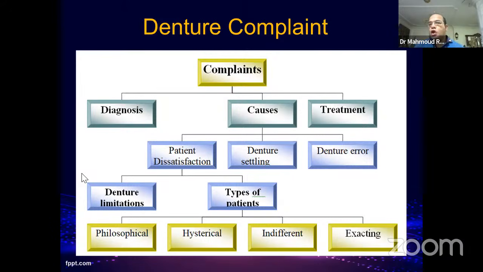He must know that the denture will not be like his previous normal teeth. It will have limitations in mastication, limitations in phonetics, but we can give him good aesthetics, but not as God made. We can't create what God creates.